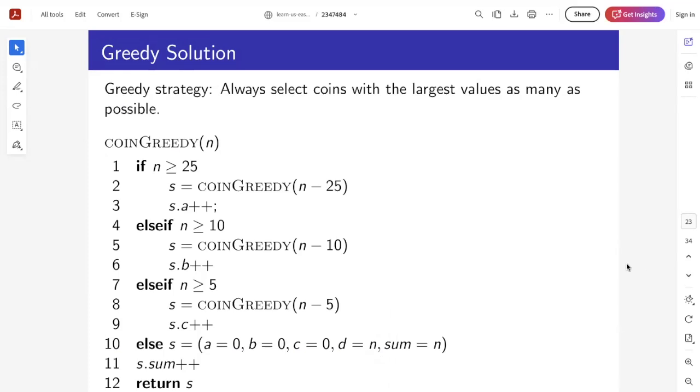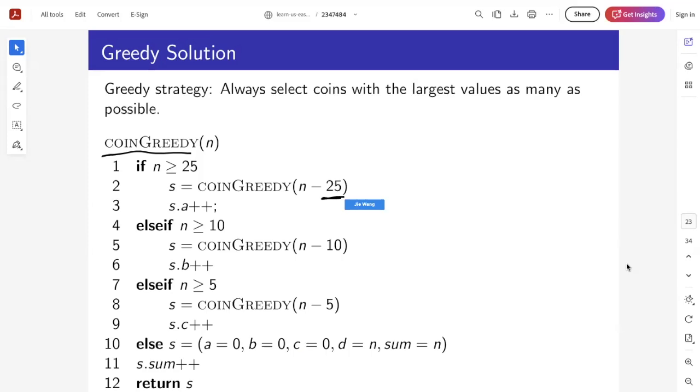Now let's come up with a greedy solution. We always select coins with the largest value, as many as possible, as we said earlier. So that is the greedy choice. So we check, if n is greater than or equal to 25, then we recursively get 1 coin out.